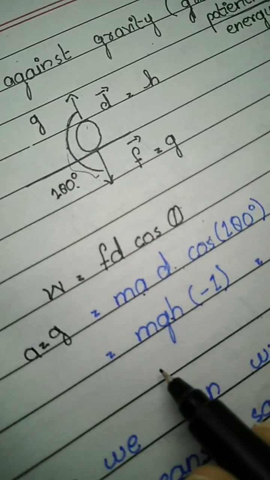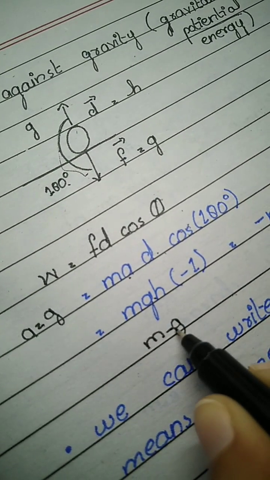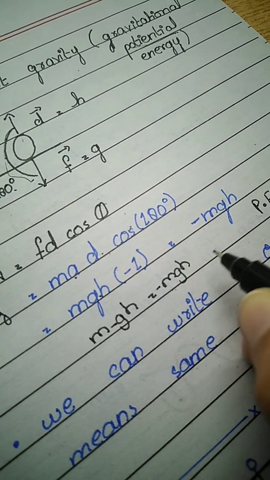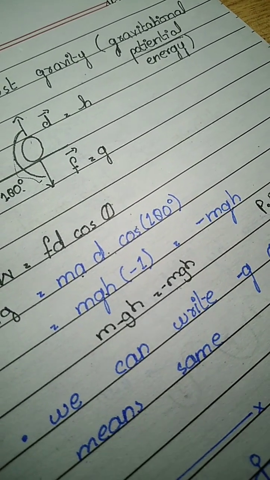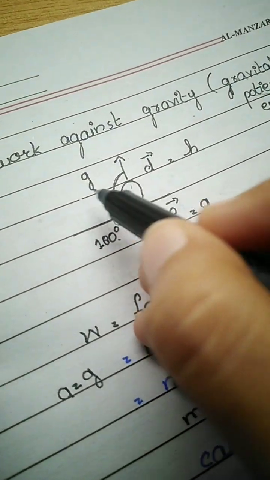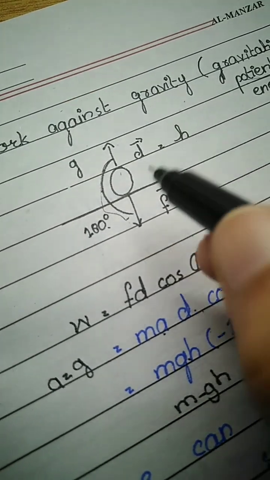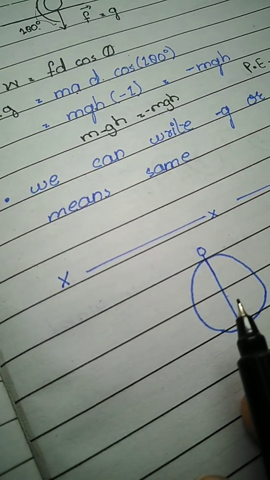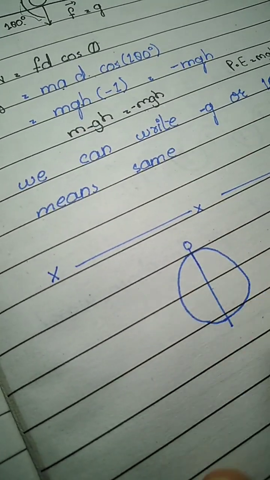Or we can say m, minus g and h, and it will also give us the answer minus mgh. So that's the same condition. We can use either, but we can't use the minus and the 180 at the same time. We have to use one condition, because minus into minus would be plus, so that will become another condition.